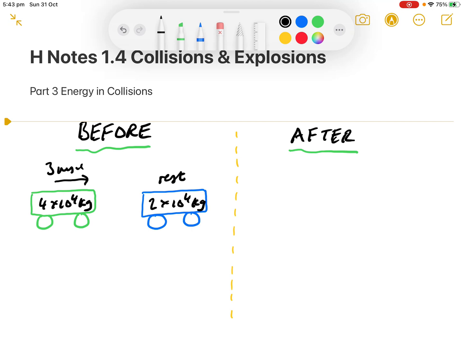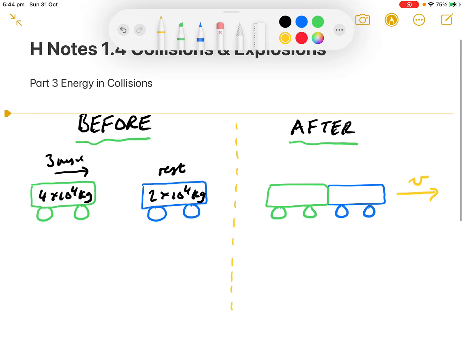We'll assume that they join together, as railway wagons usually do, and move off with a common velocity, which we'll call v.